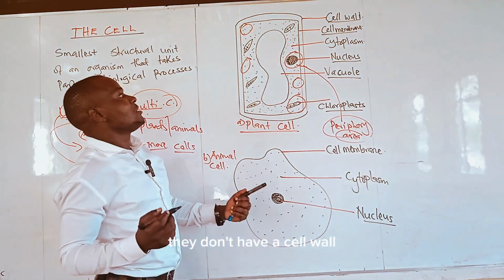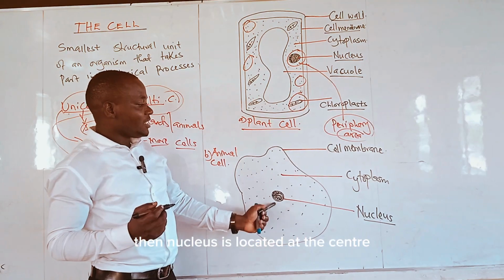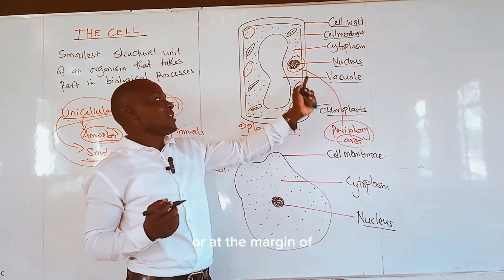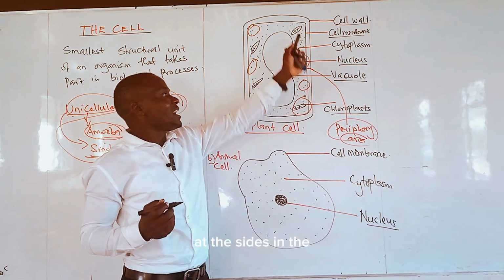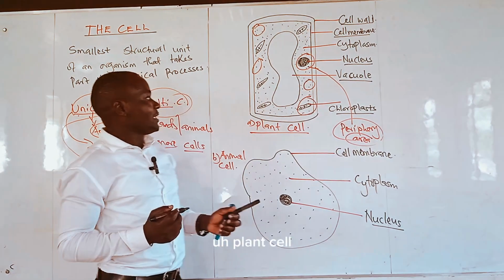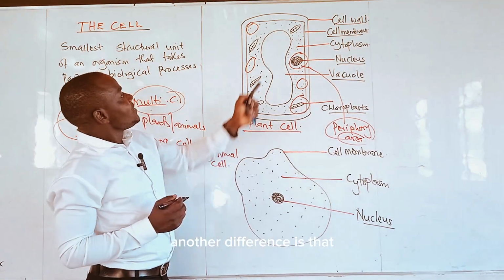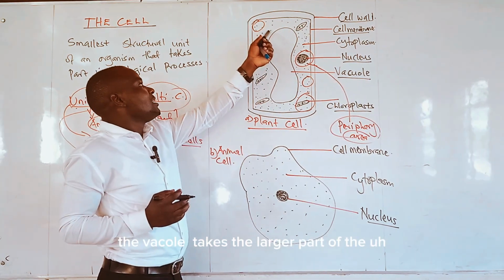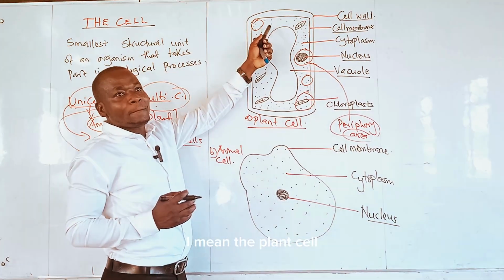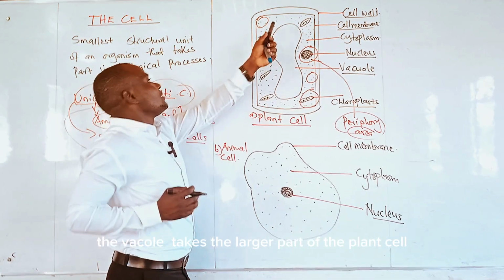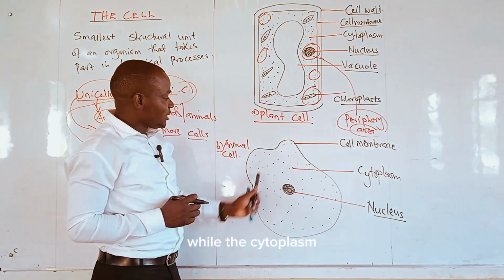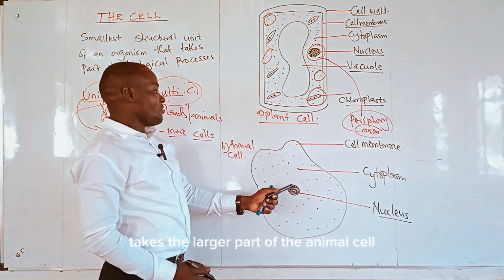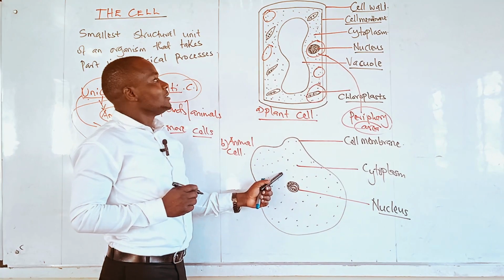Another difference is that the vacuole takes the larger part of the plant cell, while the cytoplasm takes the larger part of the animal cell.